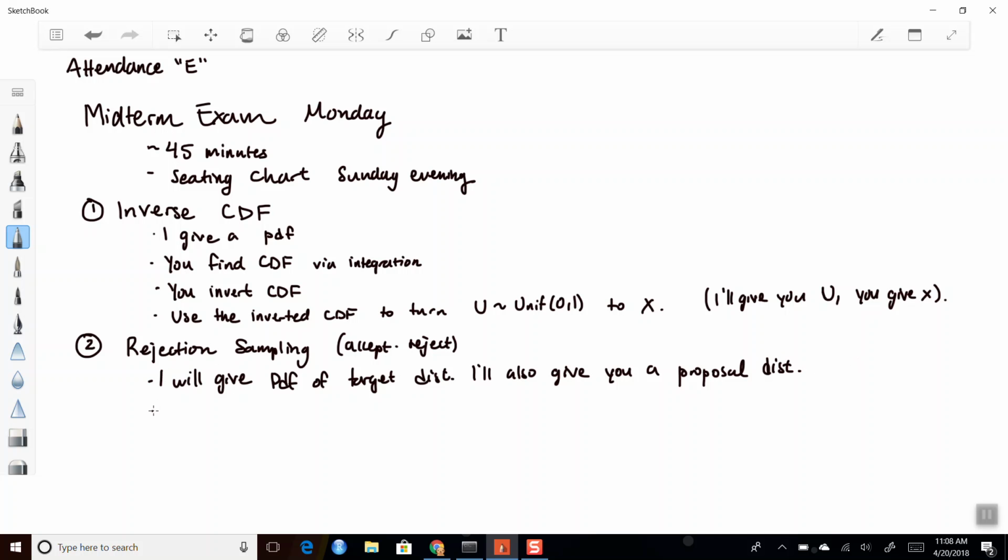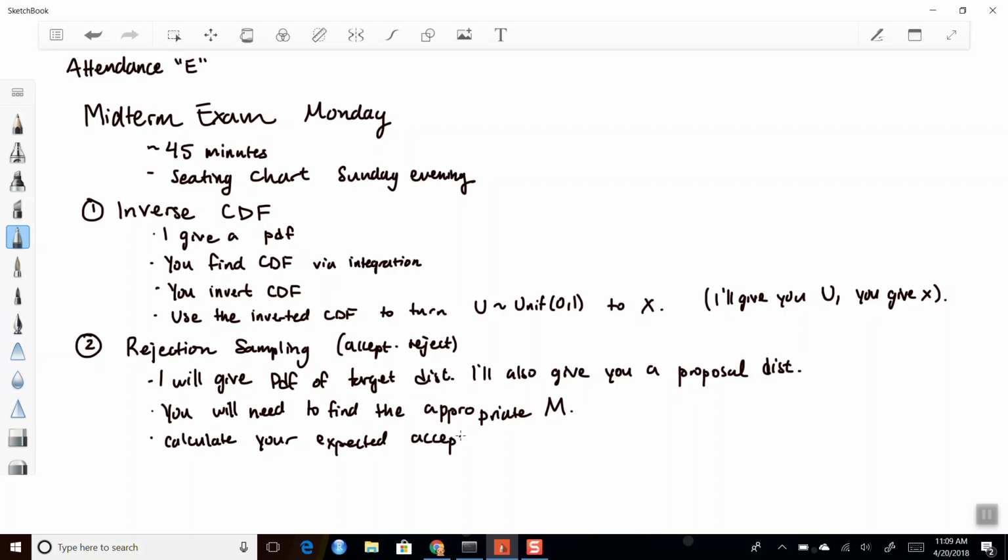What you will need to do is find the appropriate M, and calculate your expected acceptance rate.